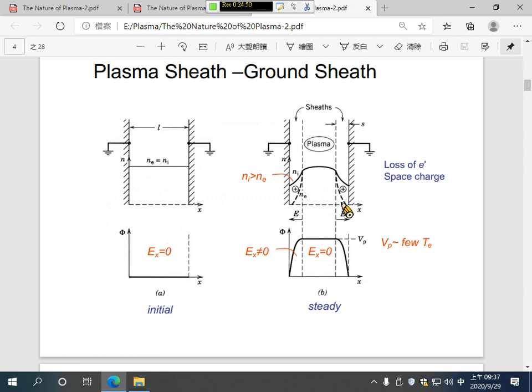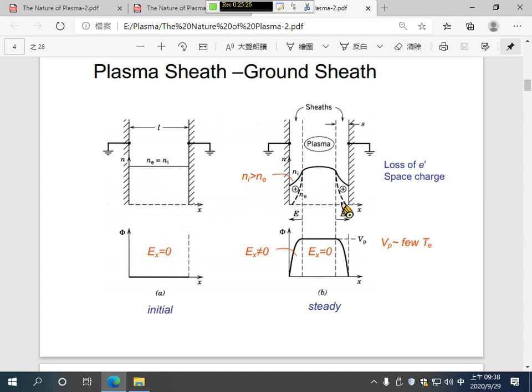Okay. So once these charged particles collide with a piece of metal and the metal is grounded, we can find out the charge will be lost. Electrons will lose their charge to the metal plate. And when the cation collides with the surface of the metal plate, the cation will lose its positive charge, become a neutral atom, and reflect back into the plasma.